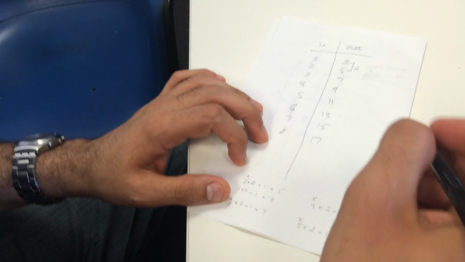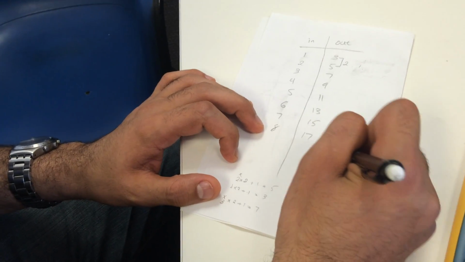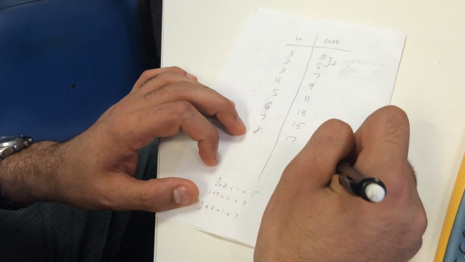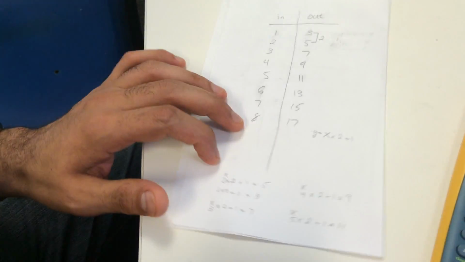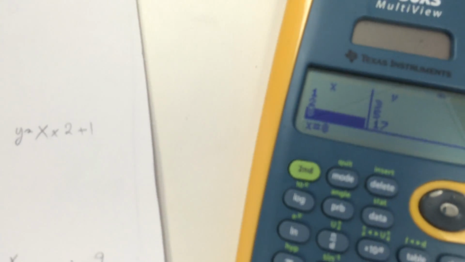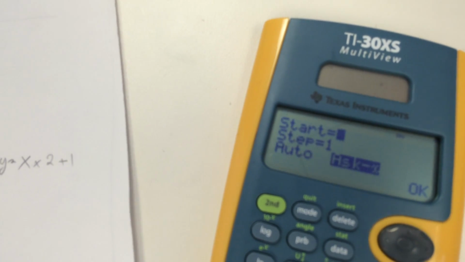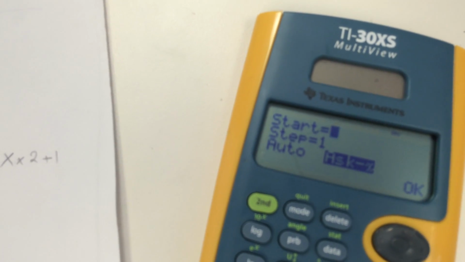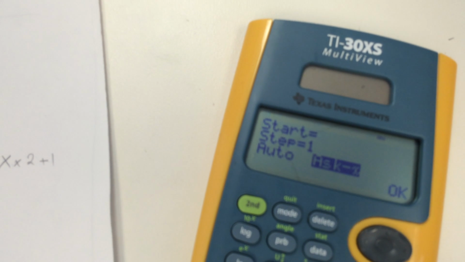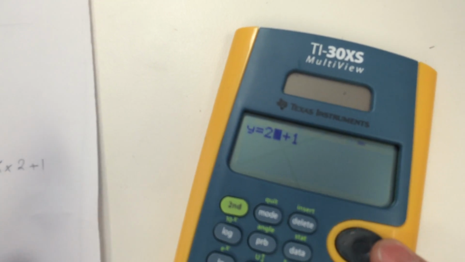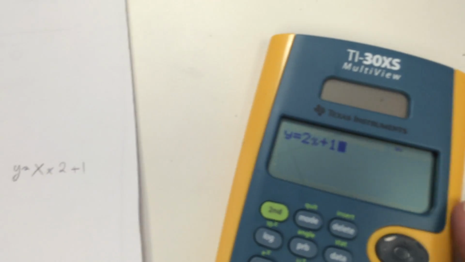So how would you write it? Write your rule. So y equals x times 2 plus 1. I don't know if that's correct. Let's take a look here. This is our table. Oh, it's 2x plus 1.